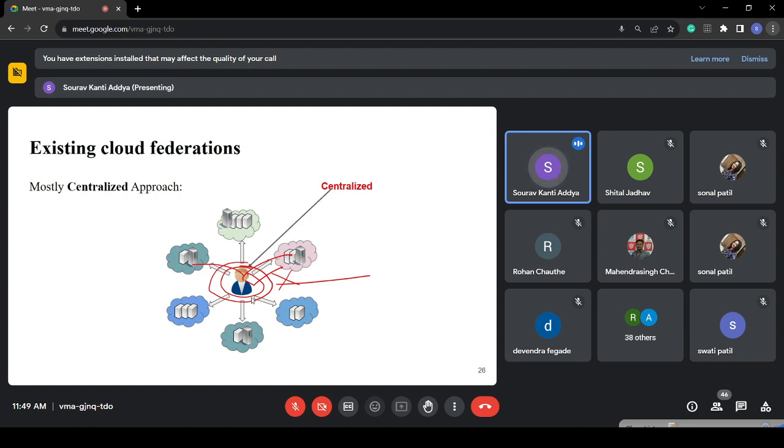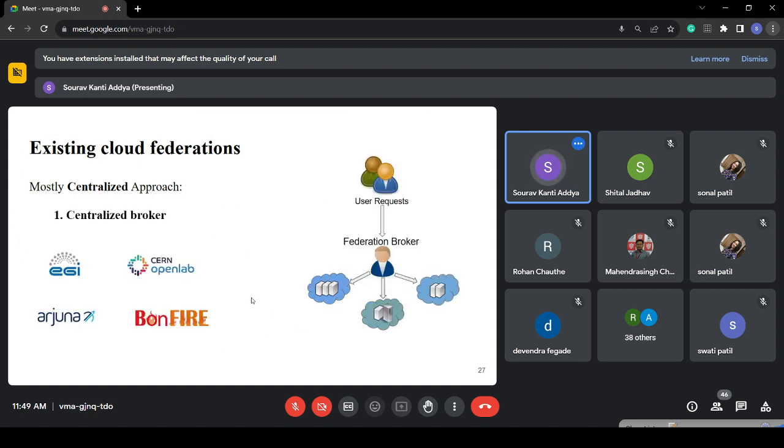So the centralized approach is good when this particular person is not biased toward anyone, or there is no attack on this person.